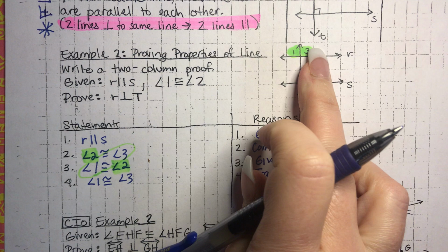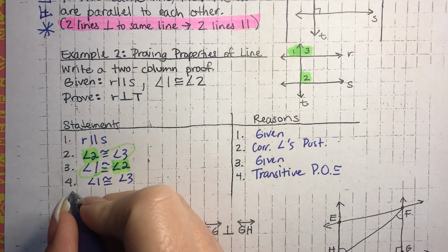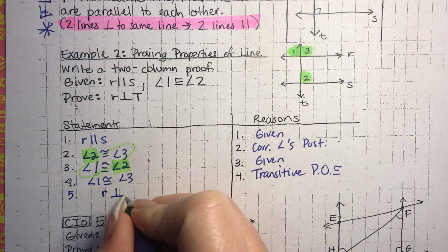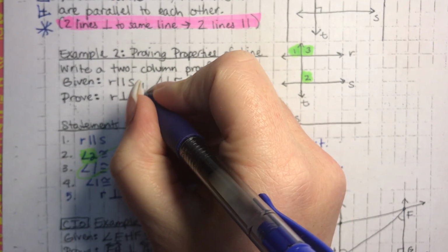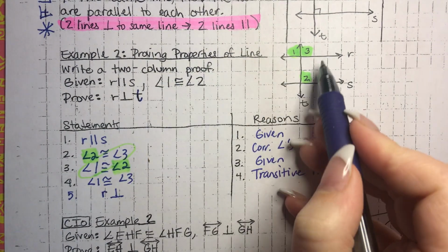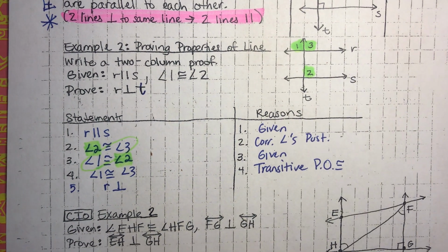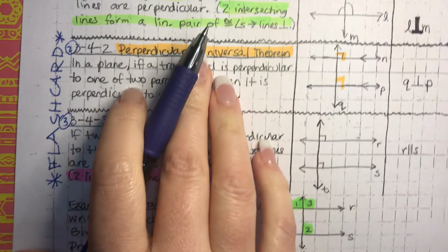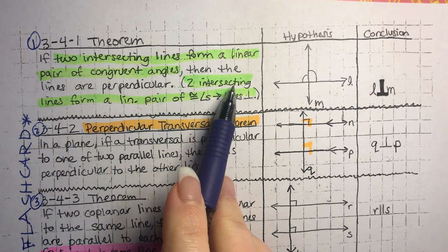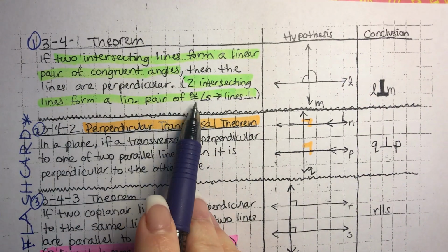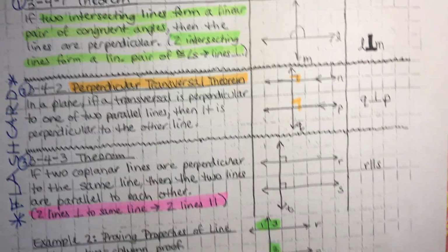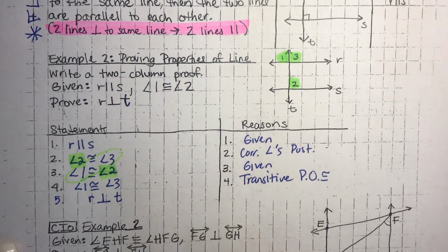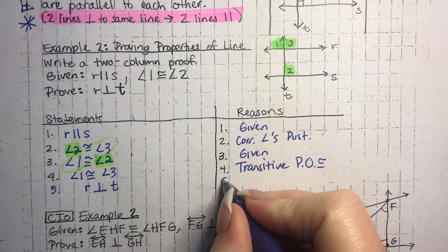Okay, and then we have angles 1 and 3 congruent, so we can basically say that R is perpendicular to T. I'm going to change this to a lowercase t because it's a lowercase t. The reason is what we just said right here: if two intersecting lines form a linear pair of congruent angles, then the lines are perpendicular. So that's the reason. I'm going to put a 5 here.